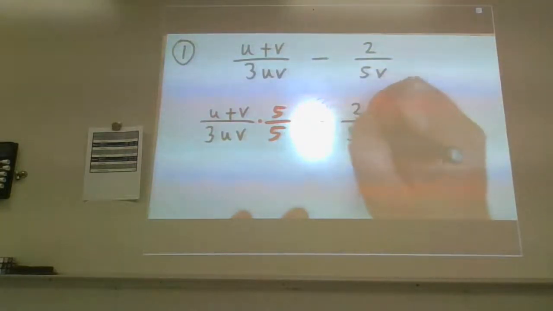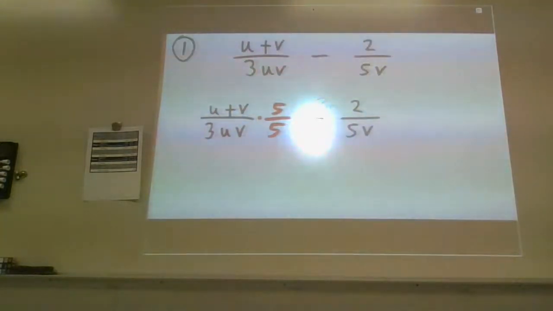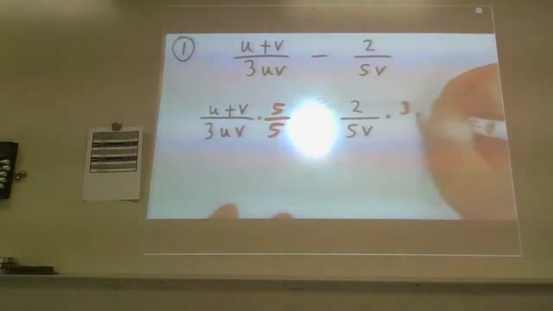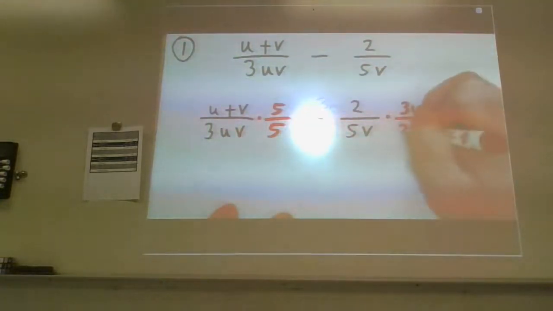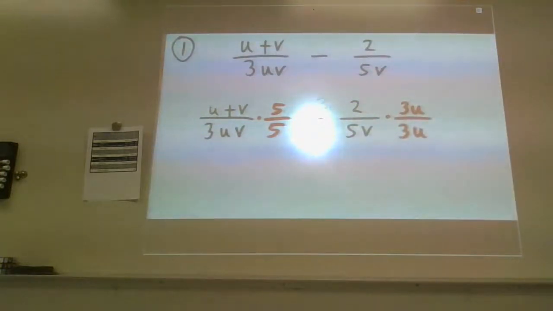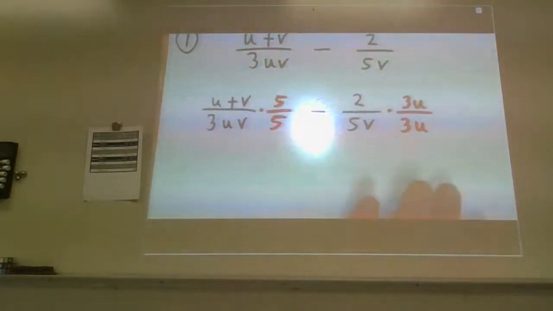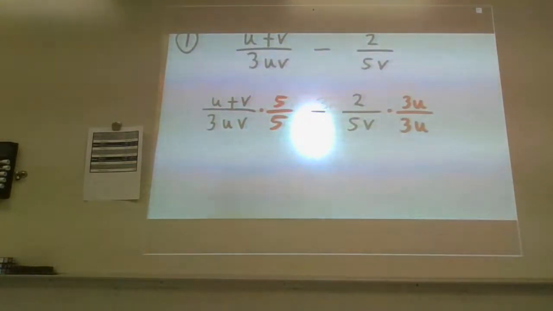However, in this second fraction, I'm actually going to multiply like this. The reason being, first of all, I can get it to be 15 by multiplying by 3, and I got 3 over 3. Cool.